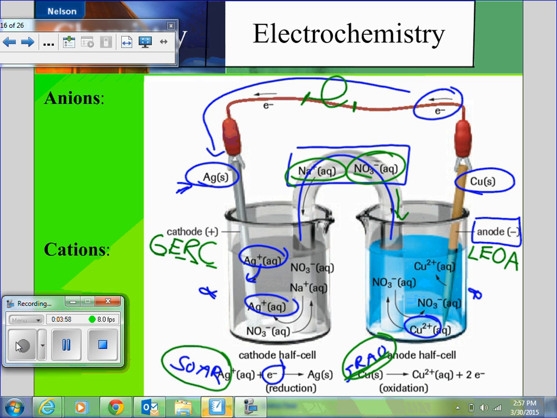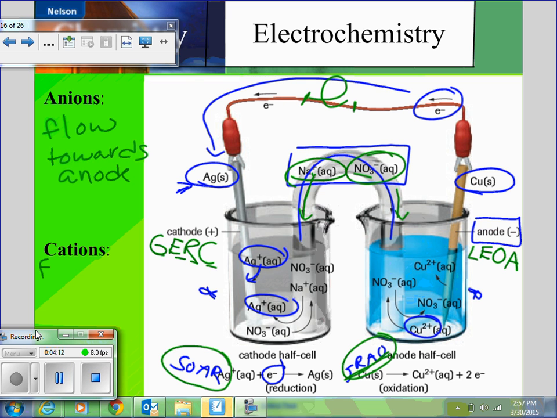So anions flow towards the anode. Cations, like your sodium ions, are flowing towards the cathode. So cations flow towards the cathode. That's easy to remember: cations to cathode, anions to anode.